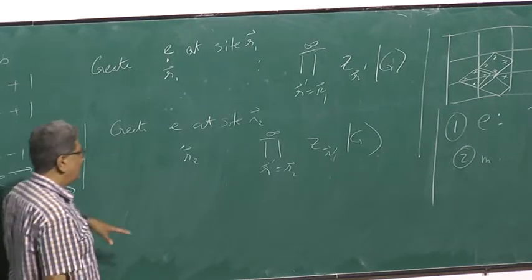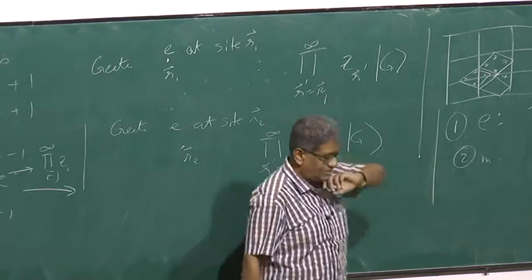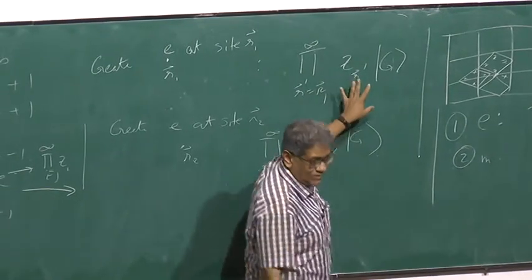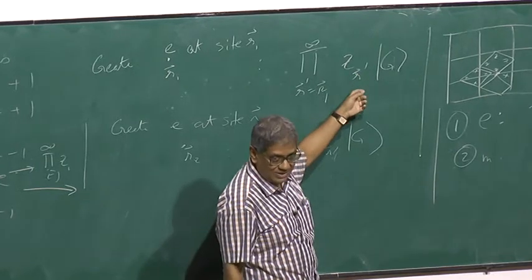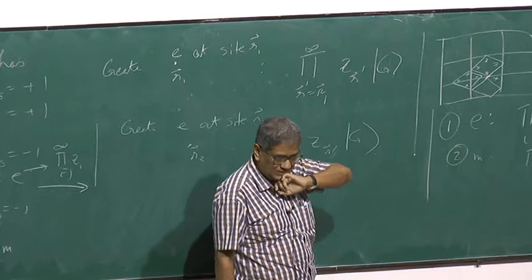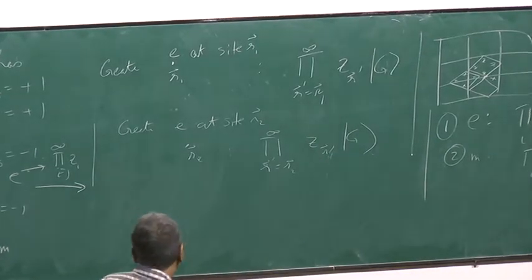By the way, you can see that these are strange objects because I am saying that this is the creation operator, but the square of the creation operator is 1 obviously, because the square of every Z is 1. So there is no difference between a creation operator and a destruction operator. Okay.